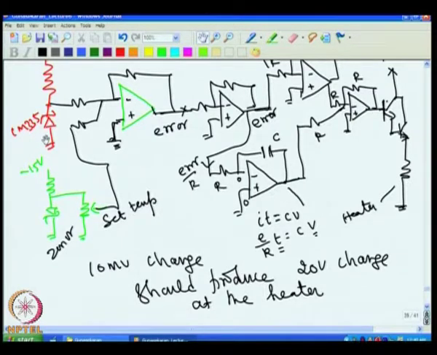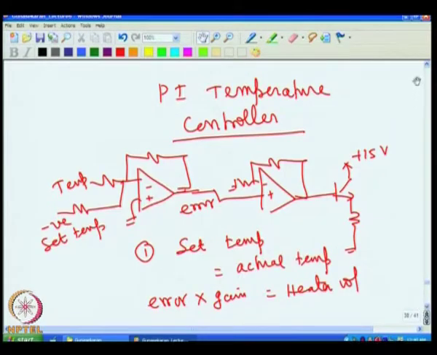That means, if I want a temperature gain of 100, then 1 degree change should produce a voltage change corresponding to 100 degree change. That means, 10 millivolt change should produce 20 volt change. This works out to 2000 gain. So, the electronic gain required is 2000.